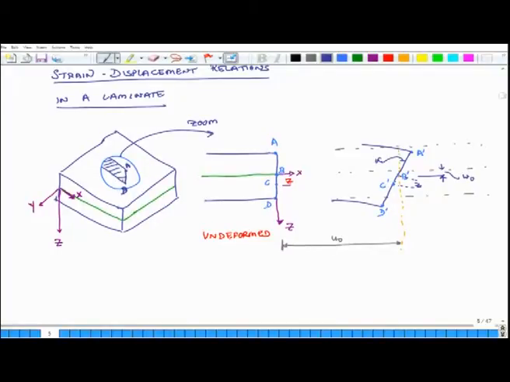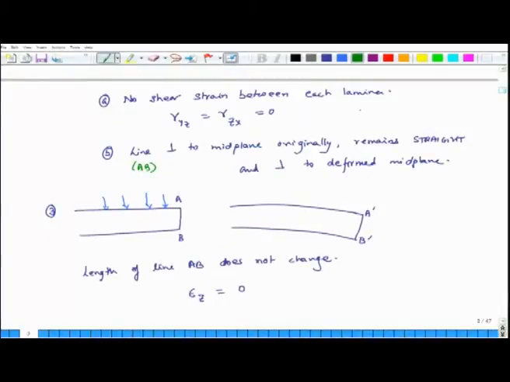So, B to C distance still remains Z, the midpoint has shifted down by W naught, it has gone out by U naught, and line AD prime has rotated by an angle alpha, and the new mid plane line is this. And this angle is still 90 degrees, because we assumed earlier that there is no shear happening, and when there is no shear happening, this angle remains at 90 degrees.